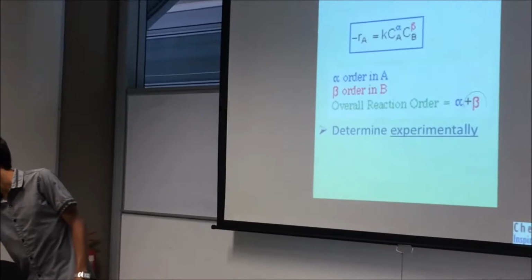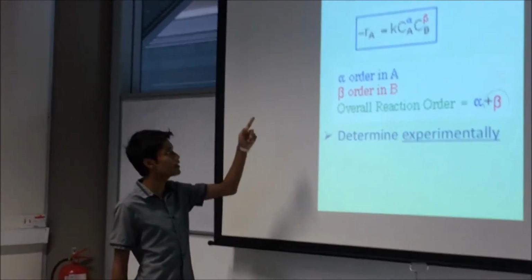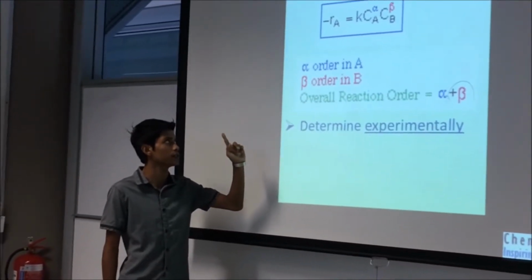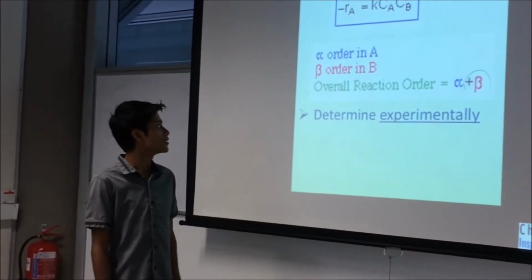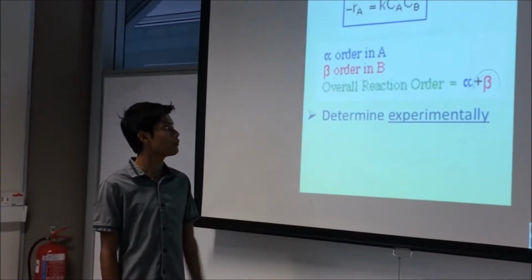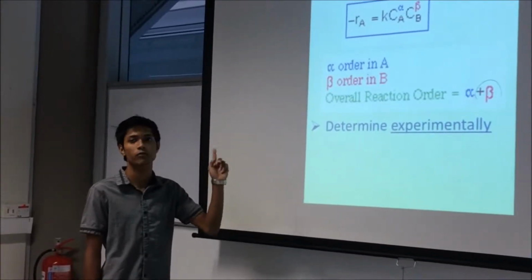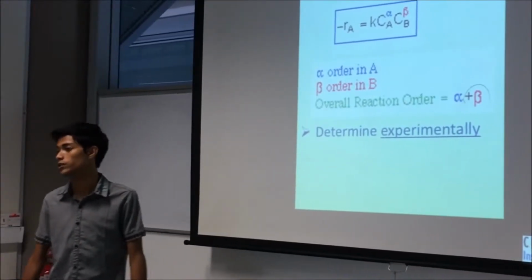Okay, reaction order. As I said just now, alpha and beta is the reaction order. Alpha is the reaction order for species A, and beta is the reaction order for species B. Okay, and we can calculate the overall reaction order, which is alpha plus beta. Then we will get overall reaction order.